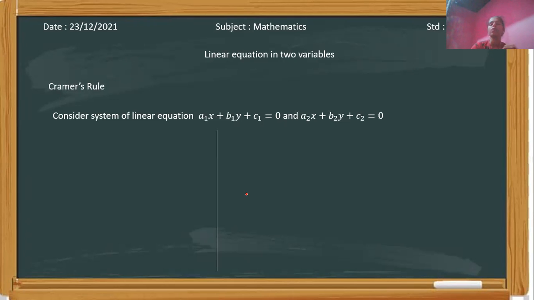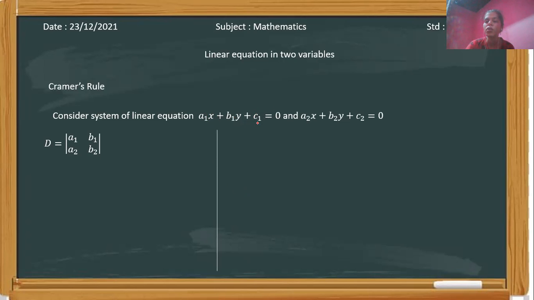Now, how are we going to use this to get the formulas of Cramer's rule? You can say formulas or method to get the unknowns. First, we are going to write the determinant of the coefficients.